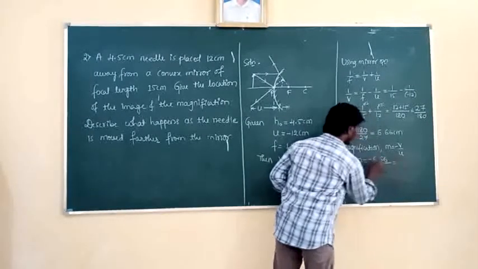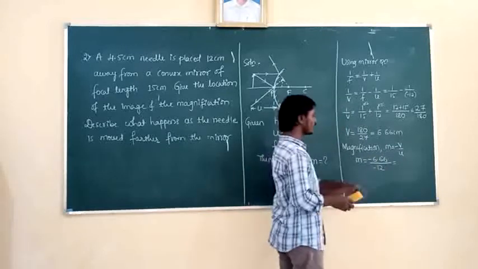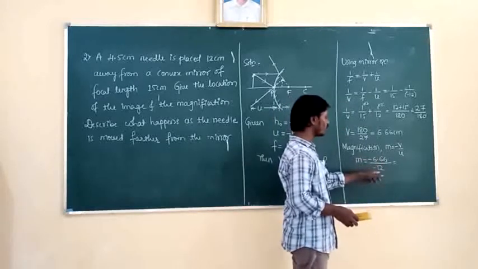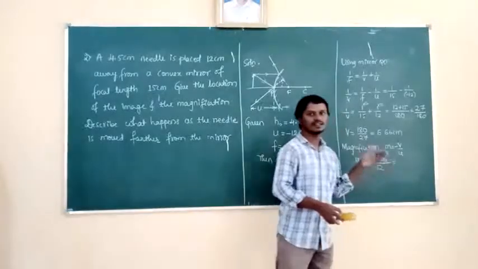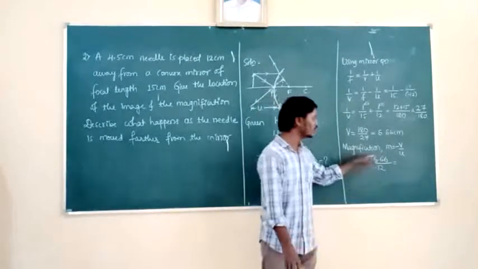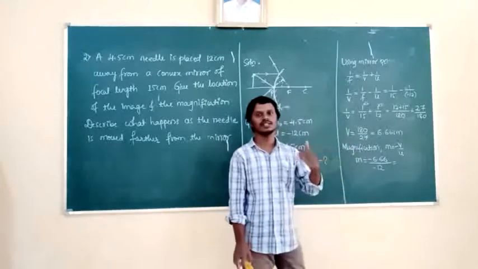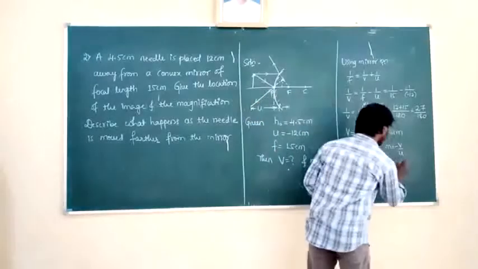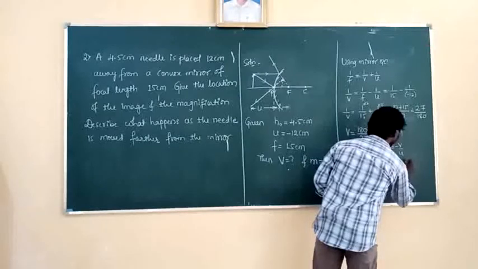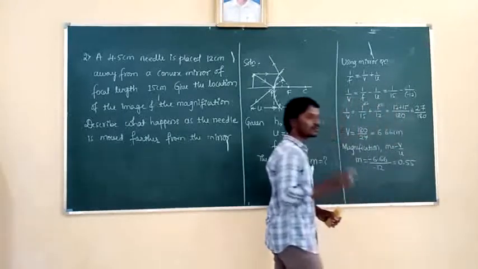Then the minus signs get cancelled. So 6.66 divided by 12, you will get the answer less than 1, because the numerator is less than the denominator. It is about 0.55.